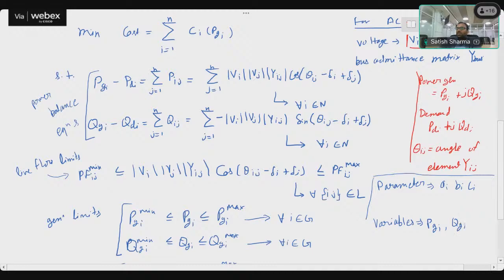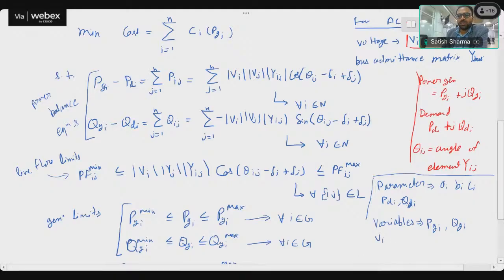So power generation is a variable, but PDi and sorry, QDi will be parameters. This is the input to the OPF problem, so this is known. Then we have Vi, Vj. So voltages are again variables.